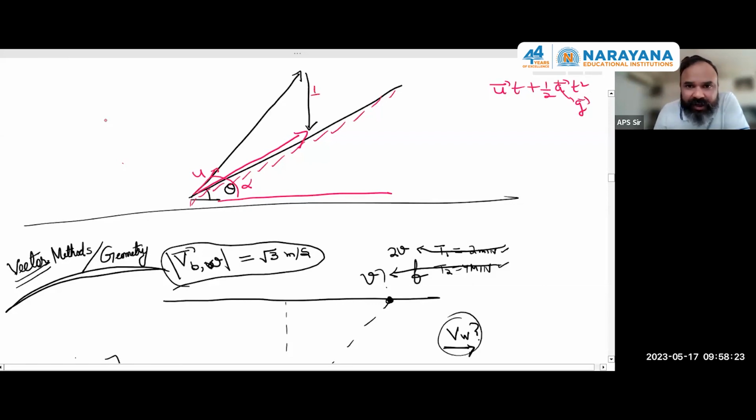So this is half gt square, vertically downwards. And this is my ut. Now in this triangle, I have this angle, which is alpha minus theta. Fine. So if you want me to find any other parameter like time, I may use sine rule, cosine rule in this triangle. I'll know this is my range, R.